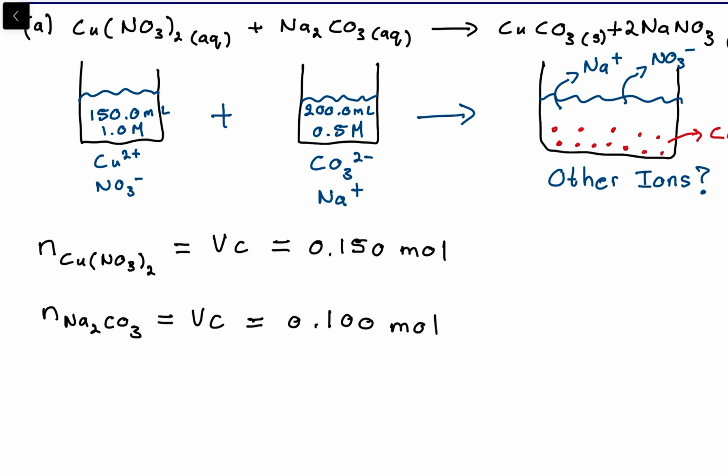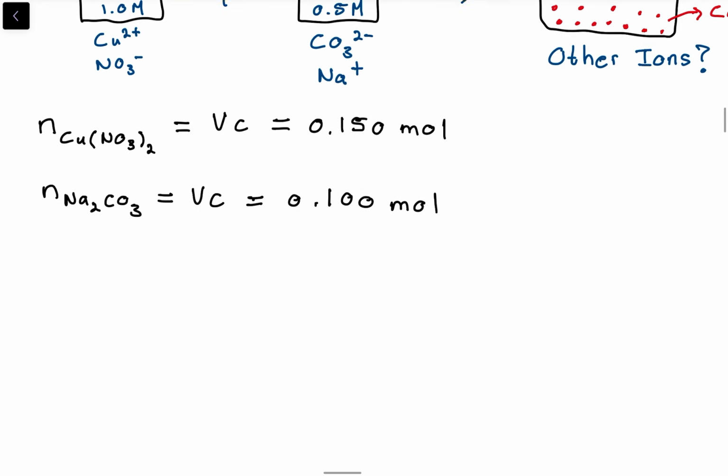Right, and they need to react in a 1-to-1 ratio, meaning that those two numbers should be equal for them to react in a perfectly stoichiometric ratio, and clearly those two numbers are not. The copper nitrate number is larger. Hence, we know that the sodium carbonate is limiting.